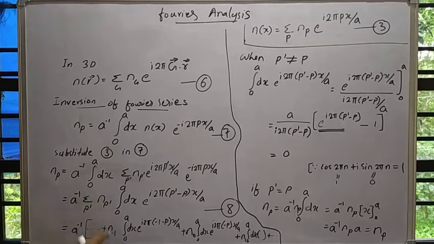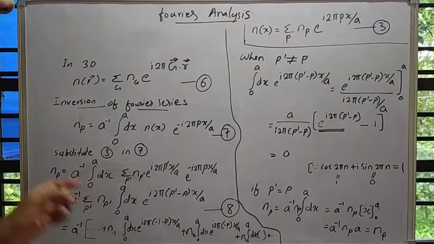Plus, if p' is equal to −1, that is n_(−1) integral 0 to A dx e^(i2π(−1−p)x/A), plus n_0 integral 0 to A dx e^(i2π(−p)x/A) plus etc. In this series there are two kinds of terms.